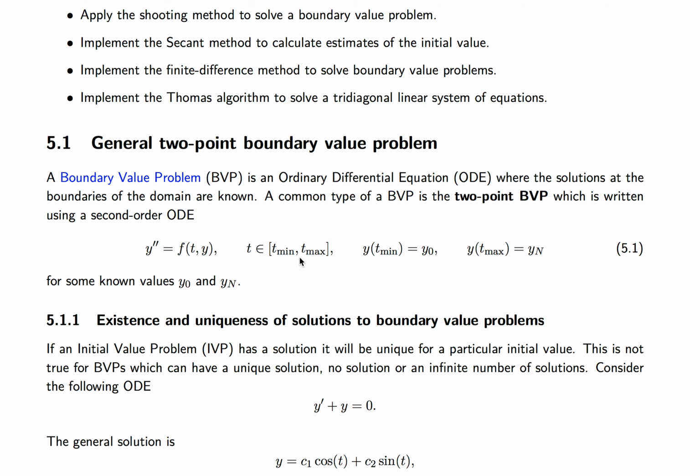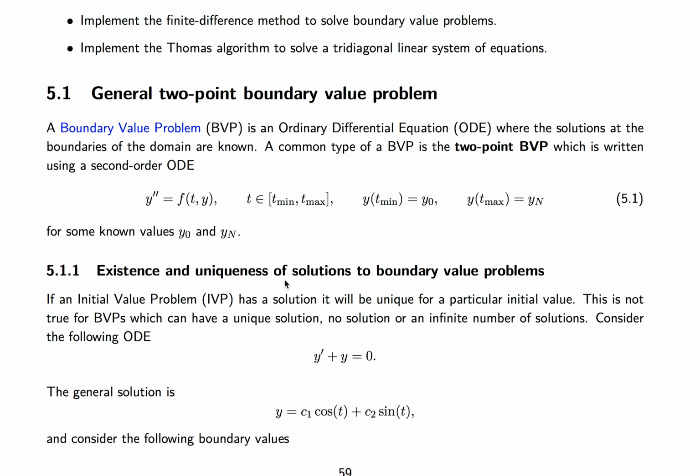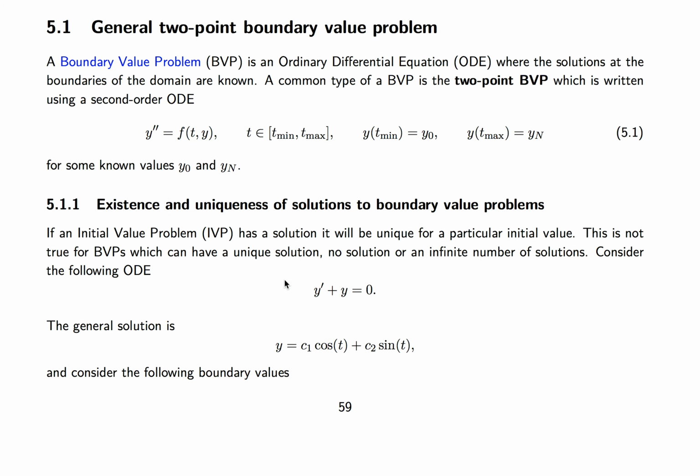Now, not all boundary value problems have a solution, and some boundary value problems have more than one solution. So we're just going to consider an example here. So here I've got a second order ODE, and the general solution to this is easily found by integration. It's some coefficient c1 times cos of t plus another coefficient c2 times sine of t.